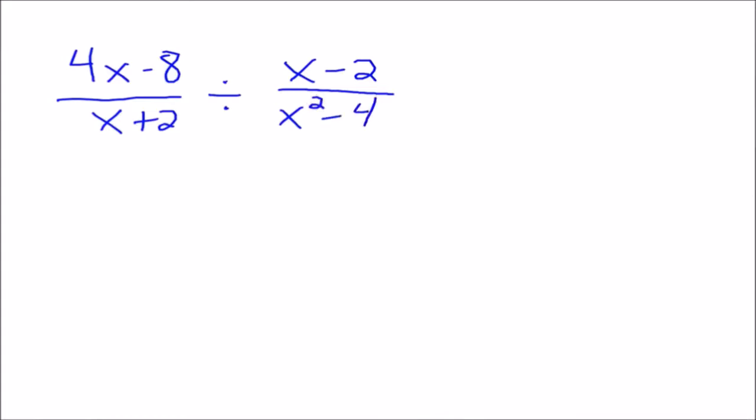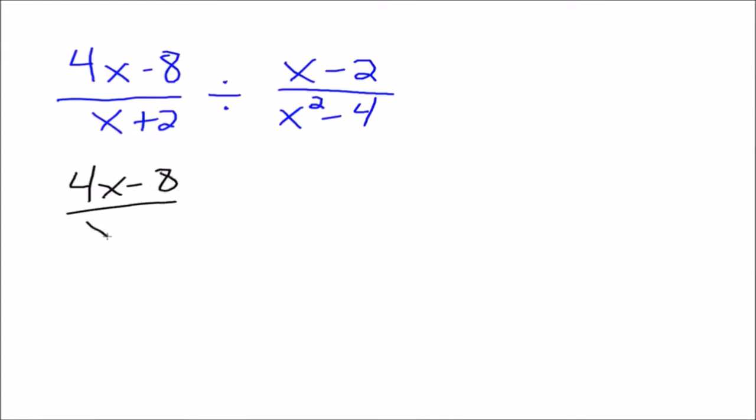Now, a couple things you can do first. You could factor everything now and then change it to multiplication and go about your merry way. I caution you on doing that because it might be tempting to start dividing out factors that are common to both the top and the bottom somewhere too early. I think it's best to go ahead and rewrite this as multiplication first.